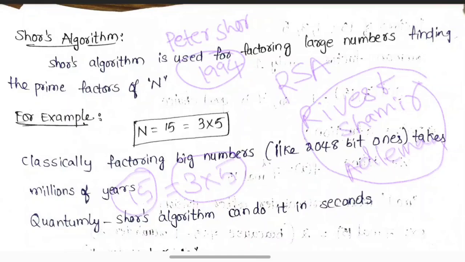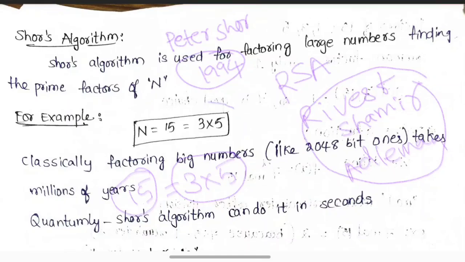It was the first time anyone showed a real problem that quantum computers could solve much faster than classical ones. Now the question comes: how could they factor these big numbers using Shor's algorithm?